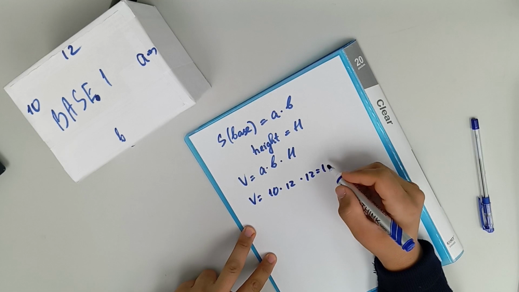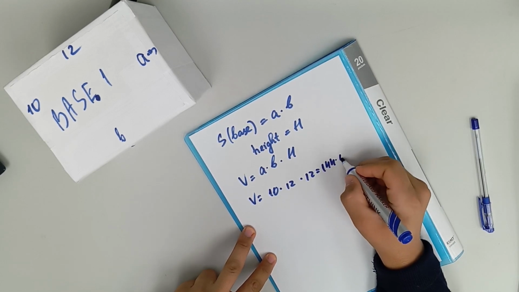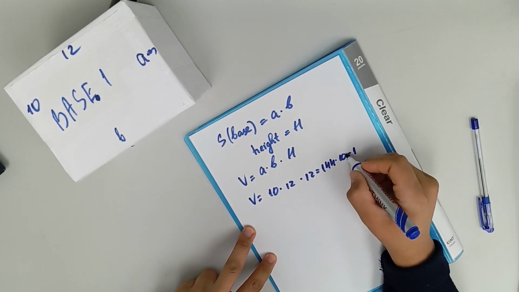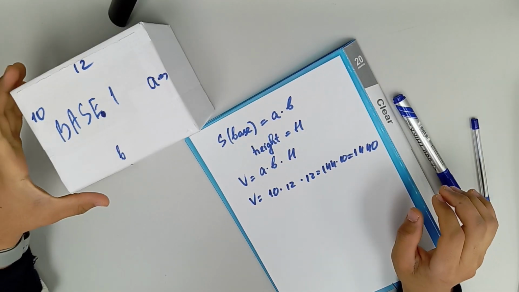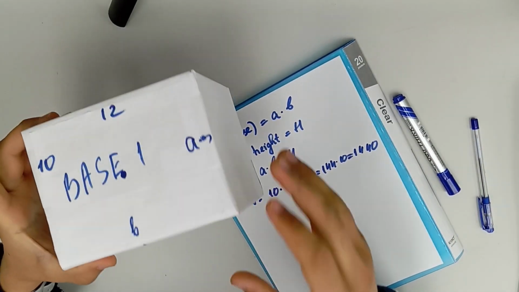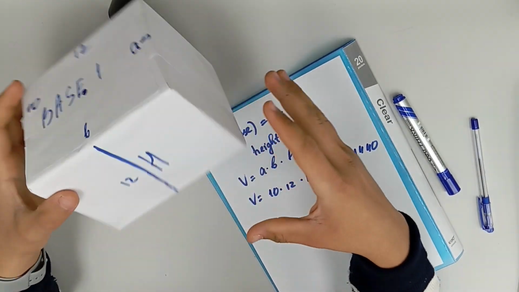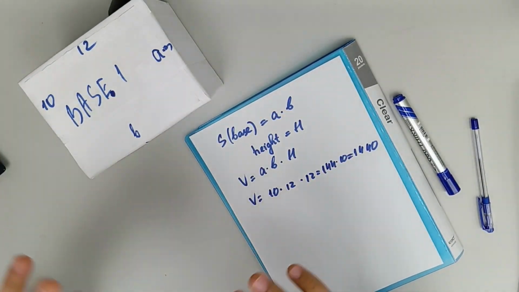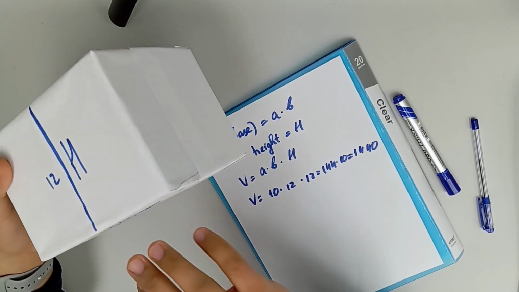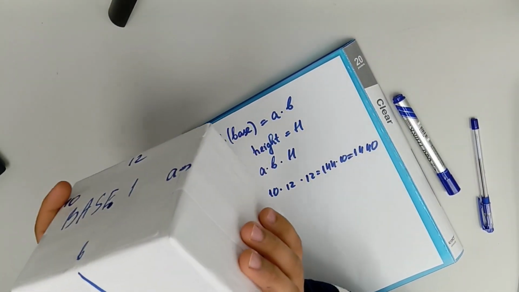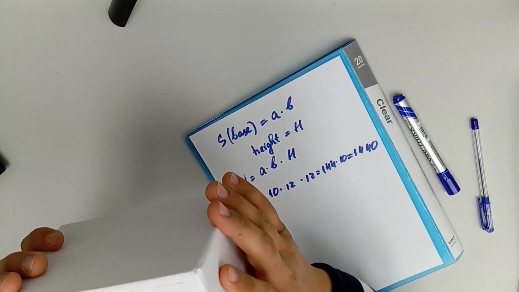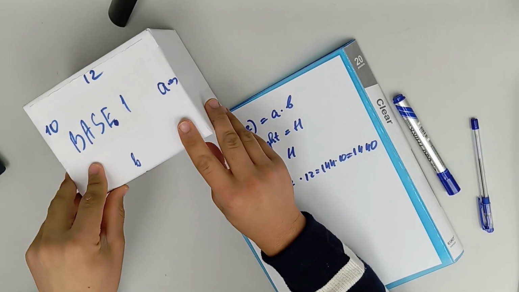The volume is 1440. You see how to calculate the volume formula for a prism, and this formula works for all prisms no matter what the base shape is. It may be rectangular, it may be triangular, any kind of base. The formula is the same.